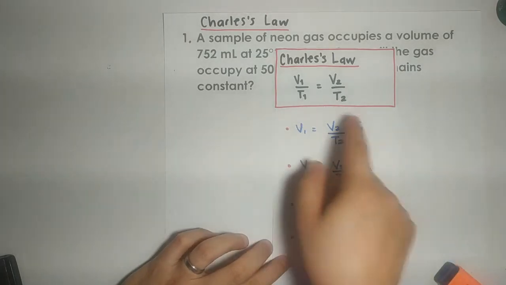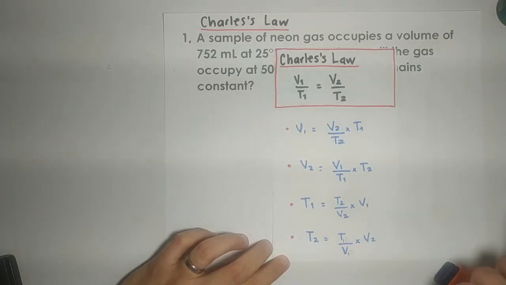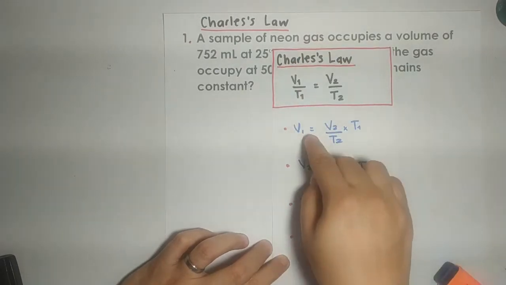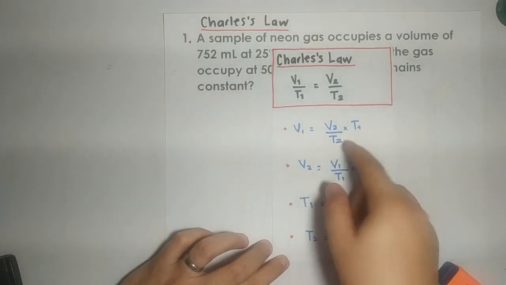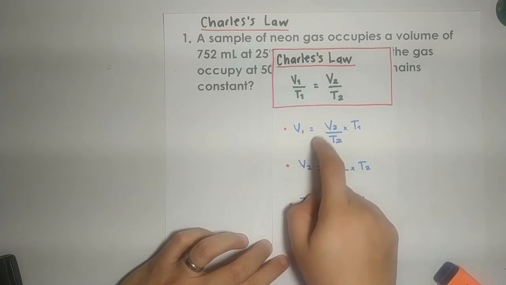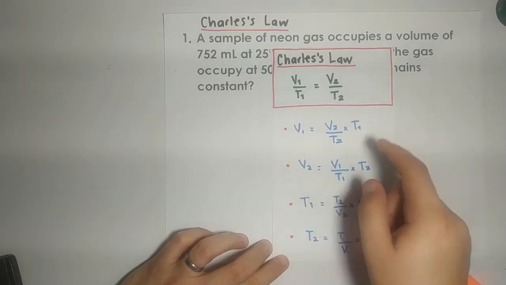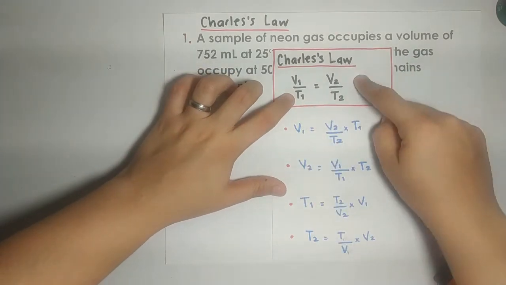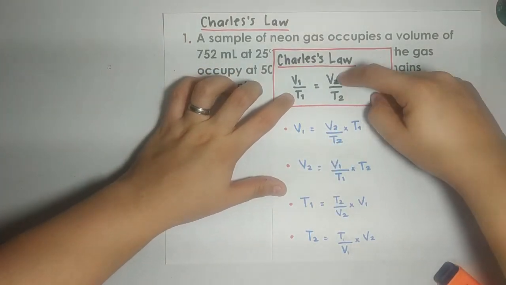So if you isolate for each of the variables that are involved in this formula, these are how they are isolated. For initial volume, temperature is dividing, so it goes to the other side to multiply. Same for final volume.